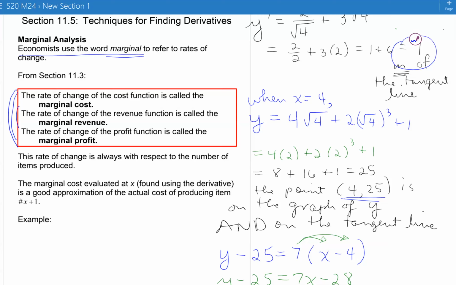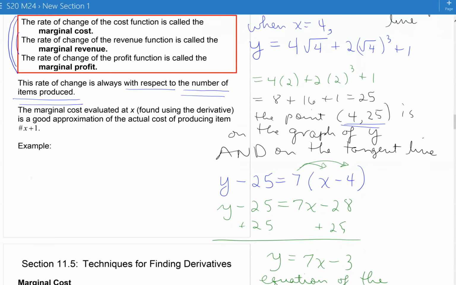Rate of change of revenue function called marginal revenue. Rate of change of profit called marginal profit. This rate of change is always with respect to the number of items produced. So it is always, how is that quantity changing as the number of items produced increases by 1. That's the meaning of the marginal quantity.